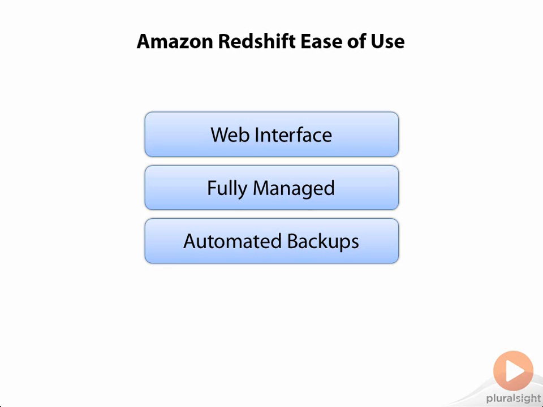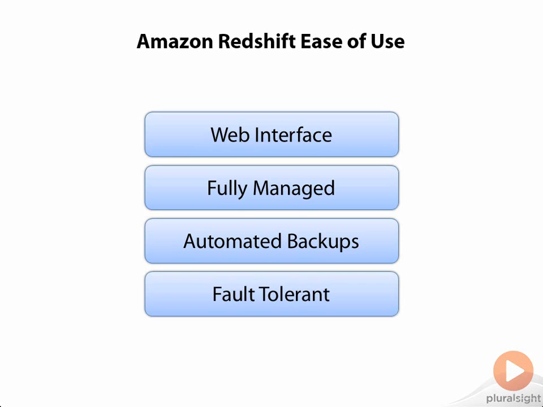The last thing I'll mention about the ease of use for Redshift is the fault tolerance. Fault tolerance is all about reliability, and Redshift has several features in this area that really increase the reliability of the warehouse. All the data written to a node in your cluster is automatically replicated to other nodes within the cluster, and all the data is continuously backed up to Amazon S3.